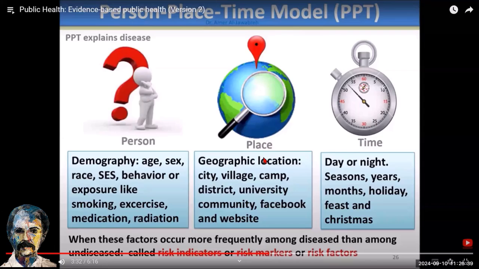Then place: geography, city, village, camp, country, and even social media. You have a community, a Facebook community of 1,000 people, different countries, different cities, different cultures, different colors. All of these might affect your health.